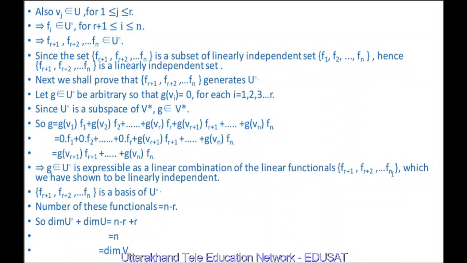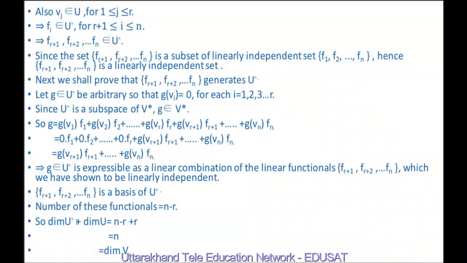So it forms a basis of U dot, the annihilator of vector space V. And the number of elements in this set is equal to n minus r, because it starts from r plus 1 and goes up to n.